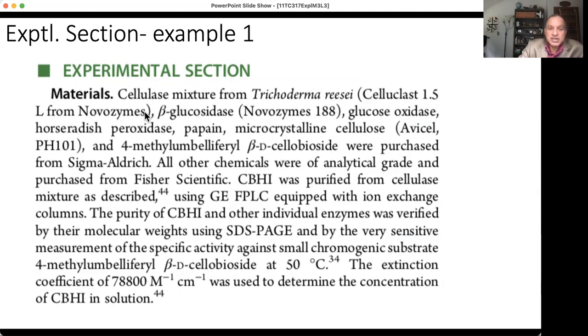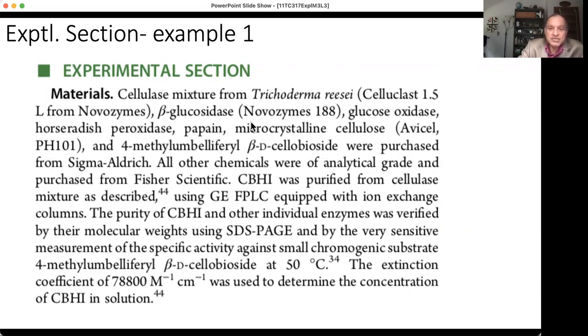In fact, we ask that you give the location, city, and country, and generally that's provided. Otherwise, it will be difficult to locate this company. So beta glucosidase, Novozymes 188 is some number that they give for this particular product. So Novozymes 188, glucose oxidase, et cetera, Avicel.